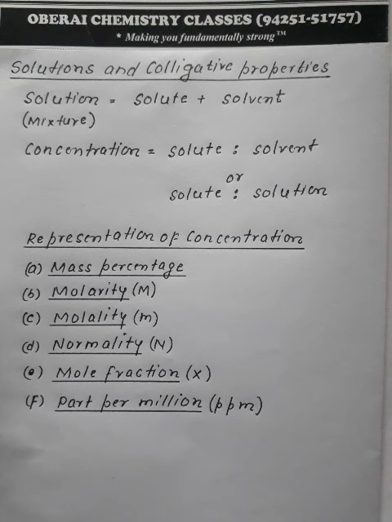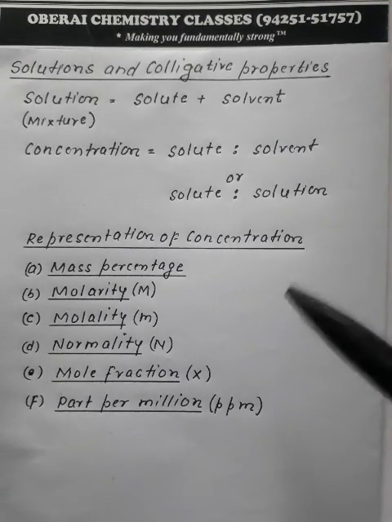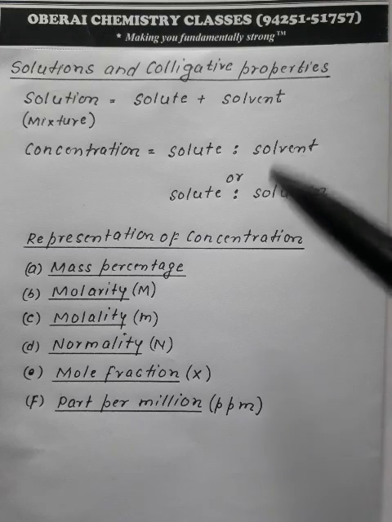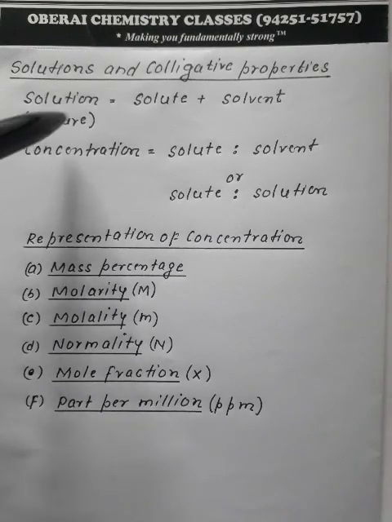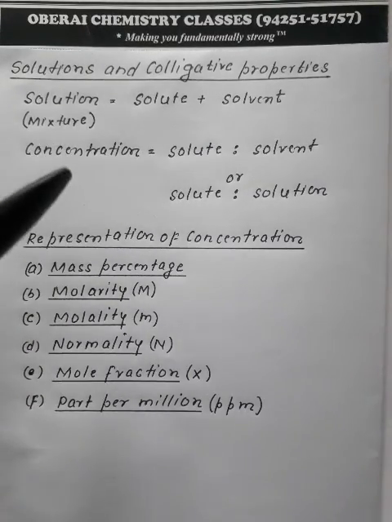Now what is important in solution? Important in solution is the concentration of solution. What is meant by concentration of solution? It means the ratio of solute to solvent, or the ratio of solute to solution. The ratio of solute to solvent or solute to solution is termed as concentration of solution.